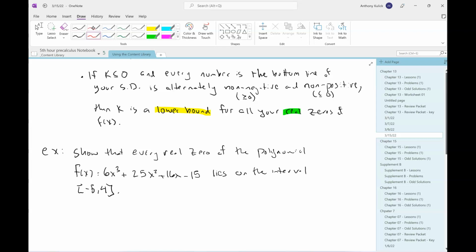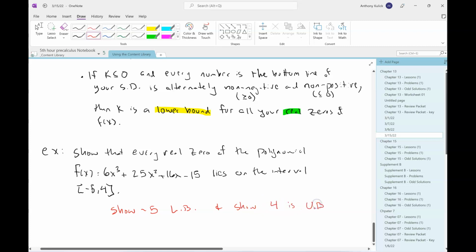All right. So let's say we have this polynomial, and we want to show that every real zero for this polynomial is on the interval from -5 to 4. Really what we're saying here is just to show -5 is our lower bound and that +4 is the upper bound.